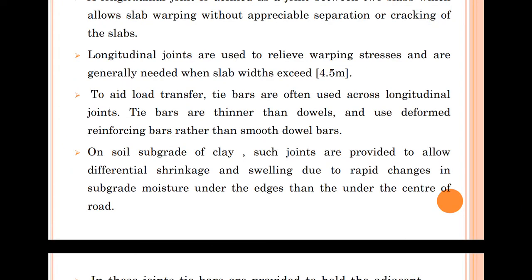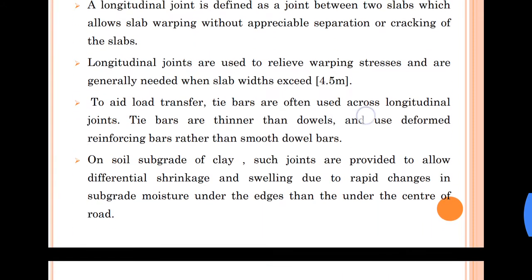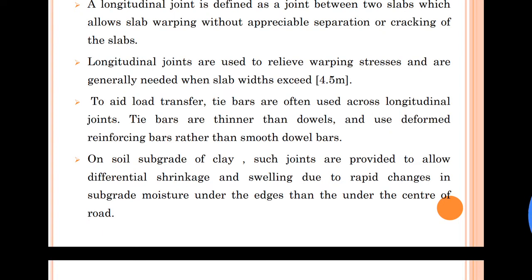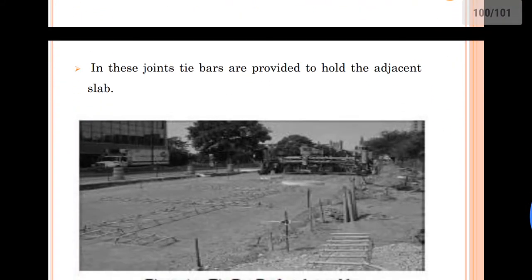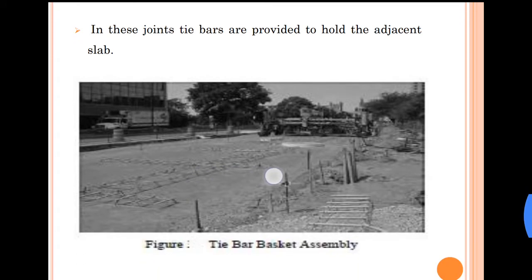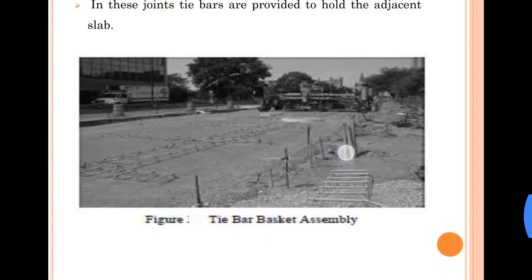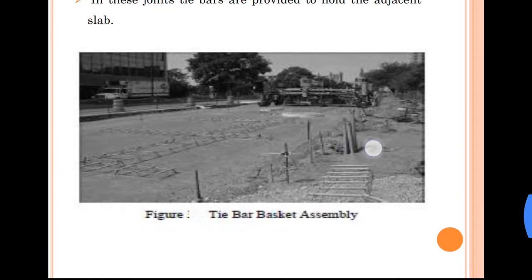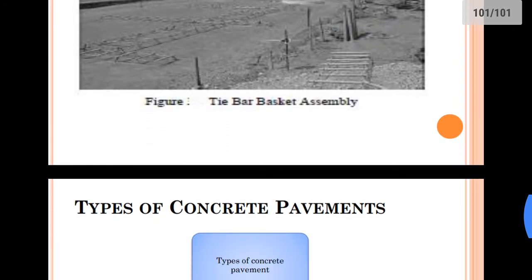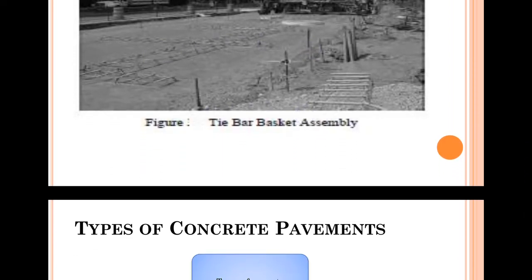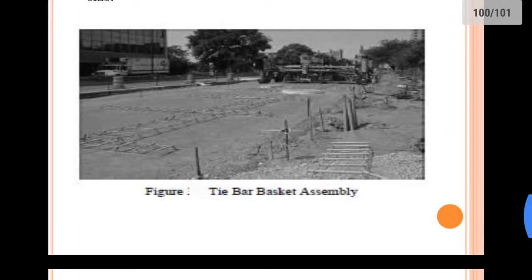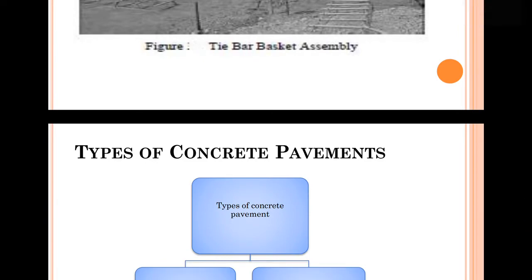So these types of joints are provided in order to account for the differential shrinkage and swelling. In these joints, tie bars are provided to hold the adjacent slabs. Along the direction of the road, there might be more than one lane or more than one slab. In order to hold them together, we need to provide these longitudinal joints.